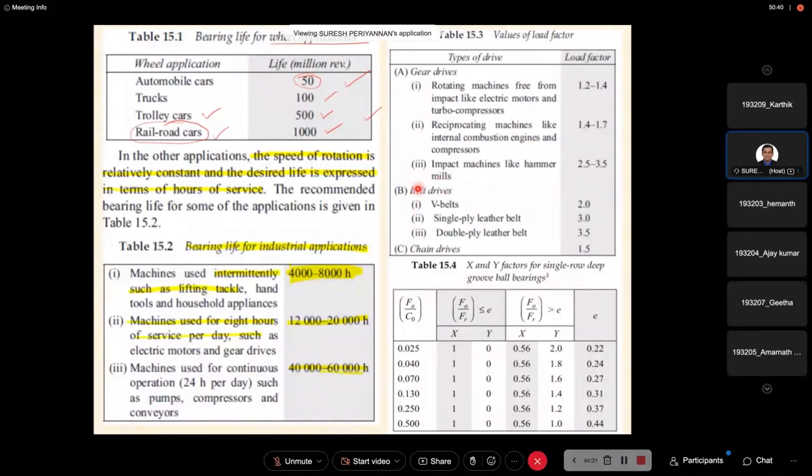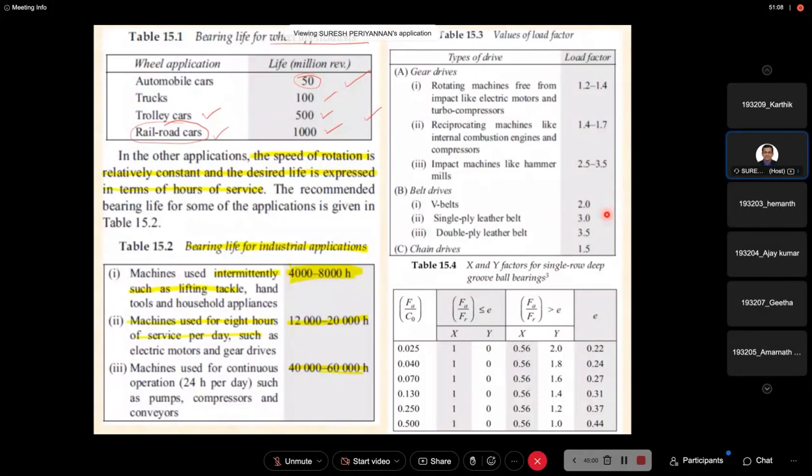Now belt drives and chain drives. In belt drives and chain drives, there is dynamic load due to vibration. This is varying the load factor, because when we considered the equivalent dynamic load P = XFR + YFA, during that time we didn't consider the other factors like vibration and impact effect.